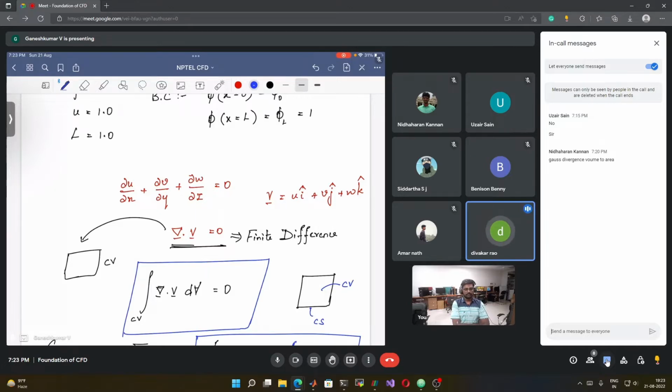Professor has actually explained, even before lectures also I have heard something like that only. So, what exactly is the physical meaning of splitting into volumes and elements?